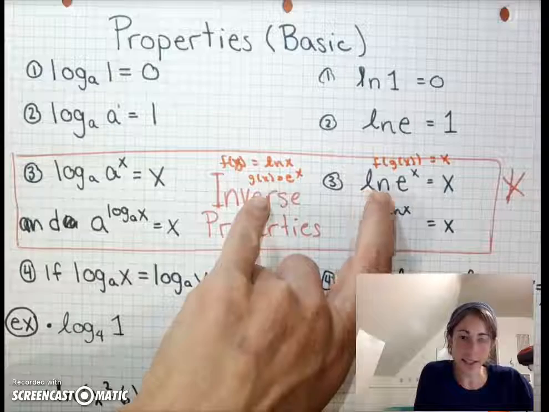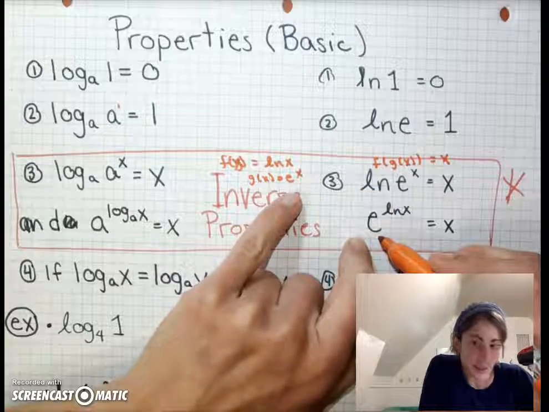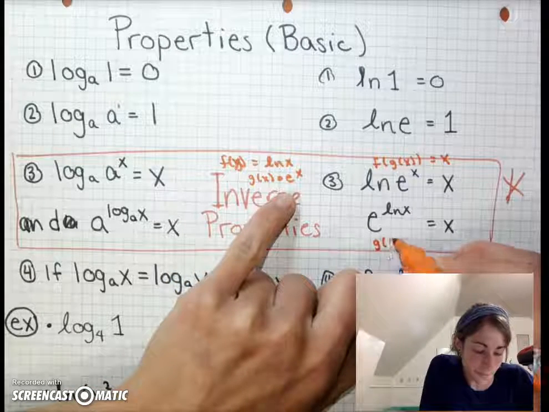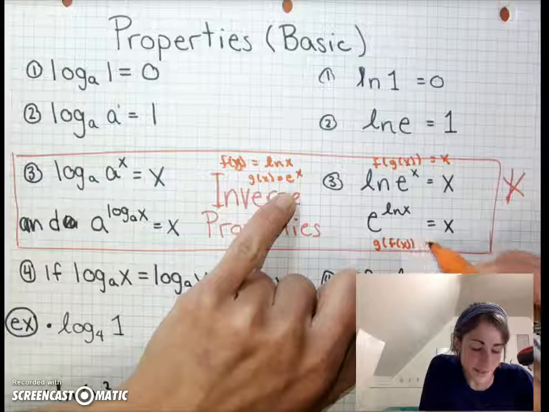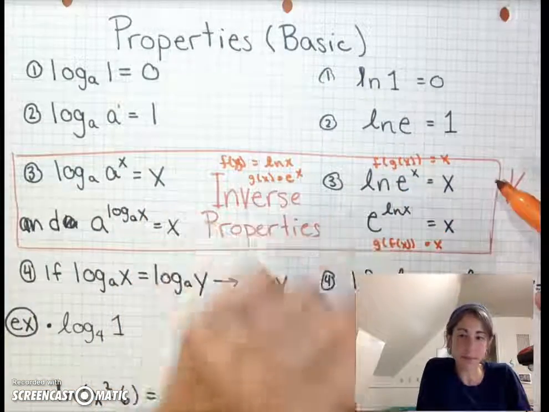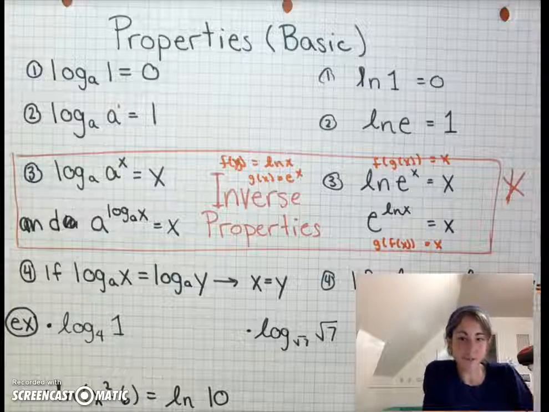So it says that ln and e are inverses. E to the ln of x is like doing g of f of x, and we get x. So again, they're inverse functions because when I compose them, I get x. There's another video that elaborates on this idea.